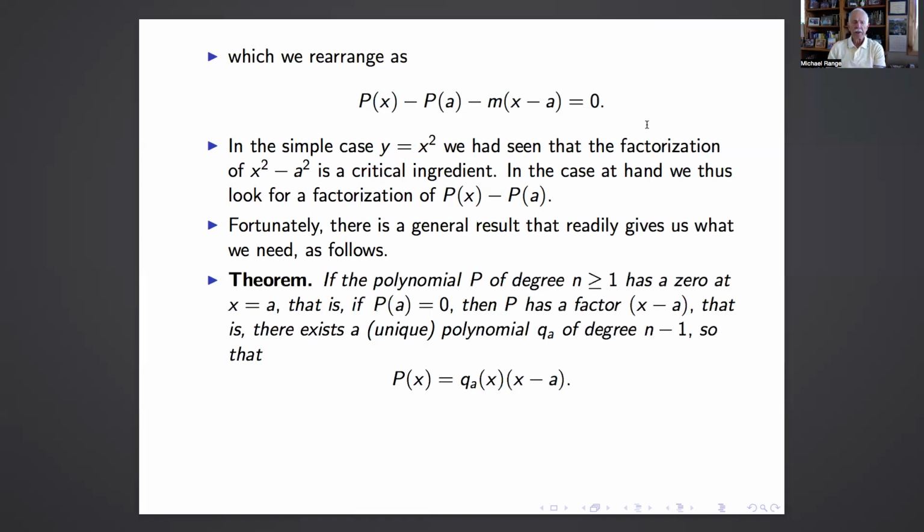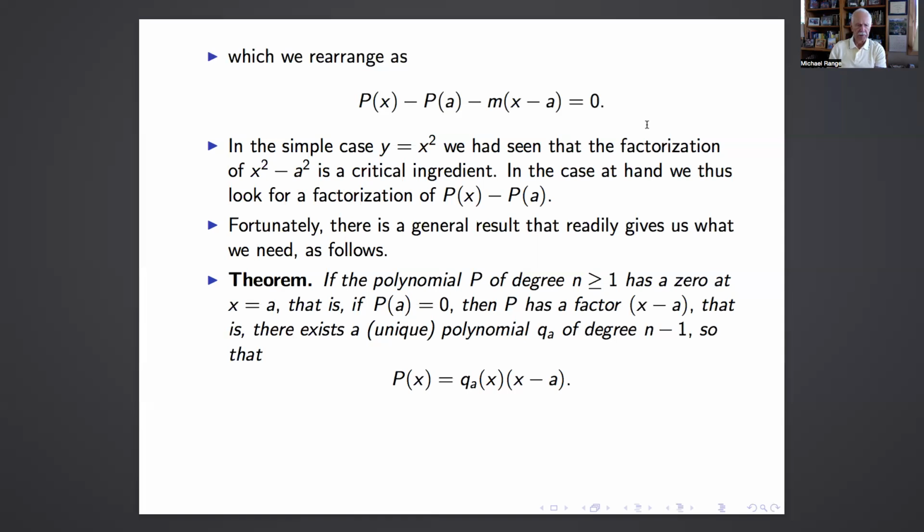A theorem. If the polynomial p of degree n greater than or equal to 1 has a zero at the point x equals a, that is, if p of a is equal to 0, then p has a factor x minus a.